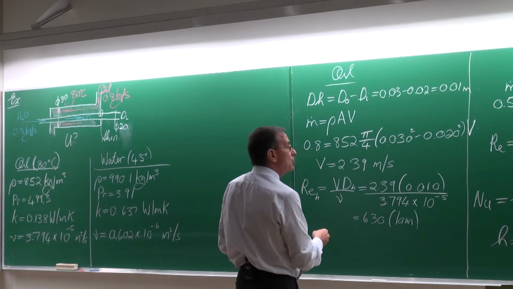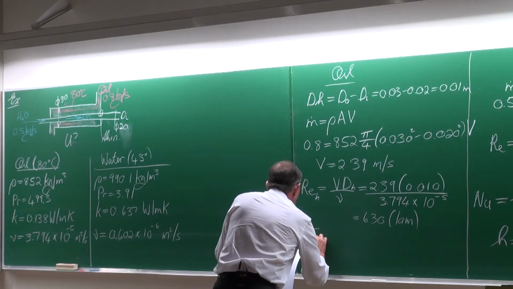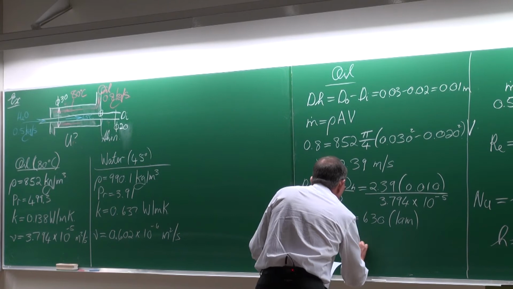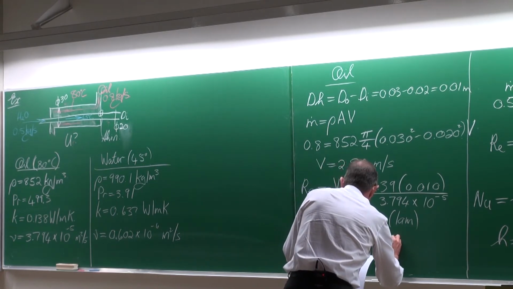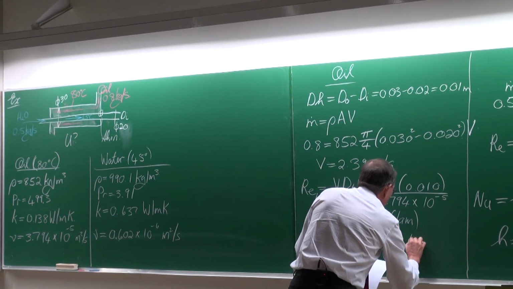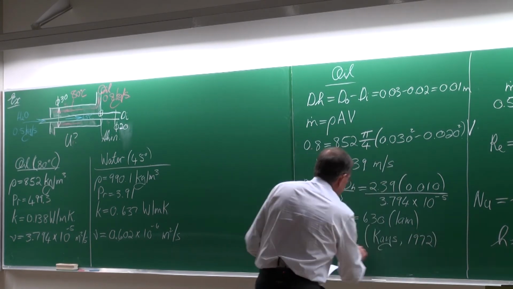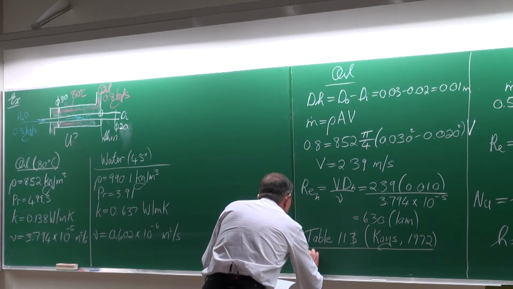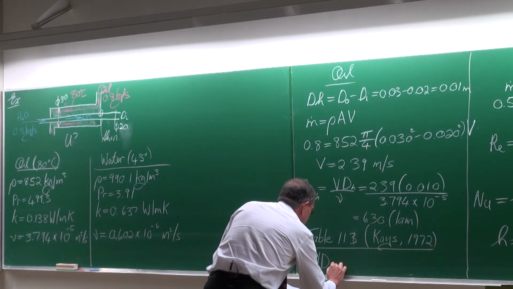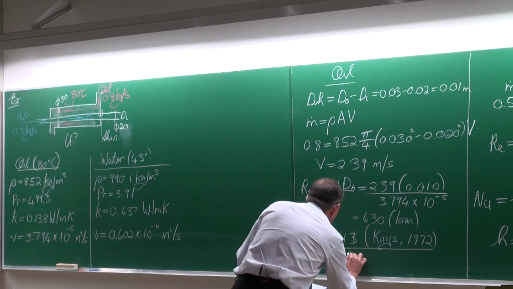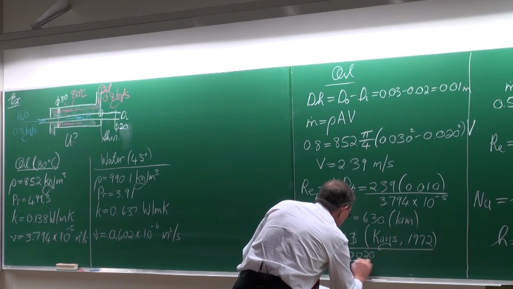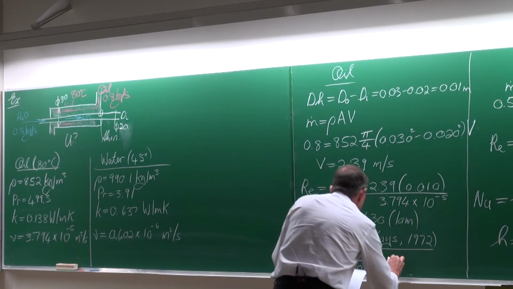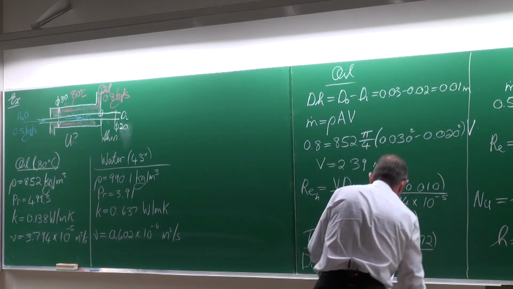Right, now for flow through an annulus and for laminar flow, in your textbook there's a table of data which are being given by Keyes and Parkins of 1972. Based on the diameter ratio of the annulus, which is equal to 0.020 divided by 0.030, which is equal to 0.667.